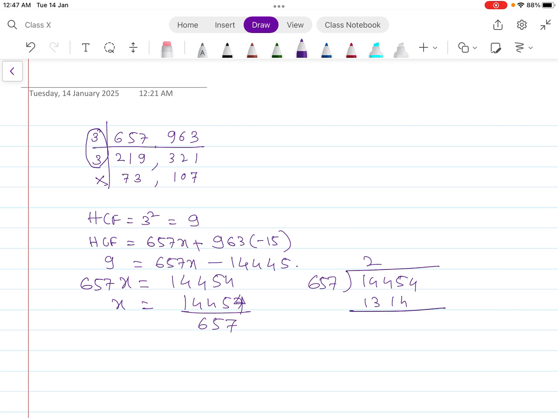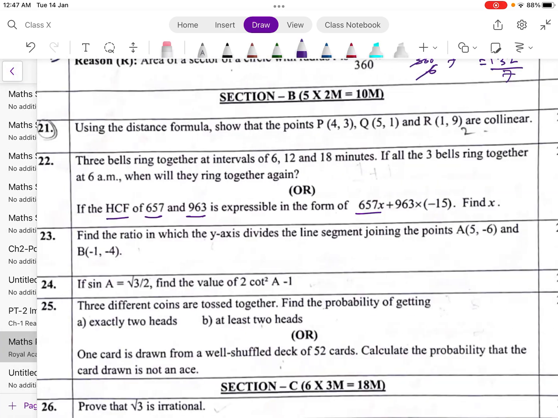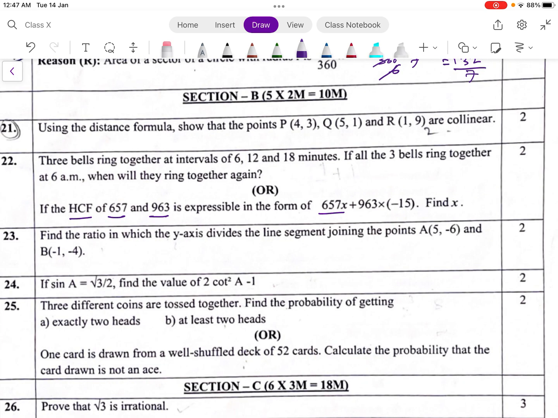Okay, so now keep on dividing this, so here you will get 131 and 0, and again you take 1314, so 2 times 1314 gives 0, so x value will come as 22. Okay, so like this we could solve that question. So here in this question x we got as 22.